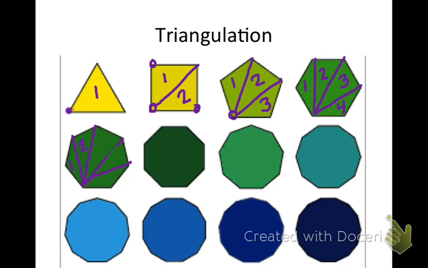I say the number and I write the number. That's how that works. Okay. Next is the octagon. So see how I'm just starting, it doesn't matter which vertex I start at. If I connect it to each of the other vertices, then I've broken it up into triangles.